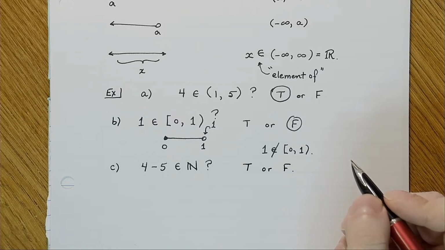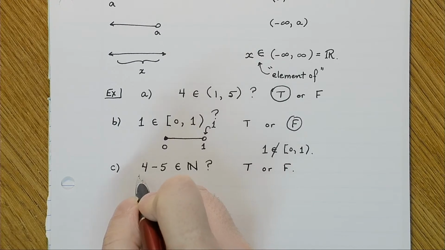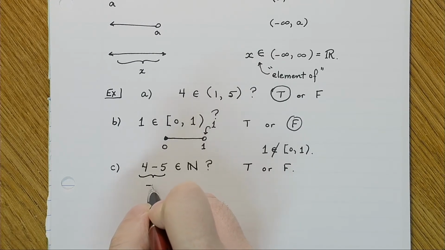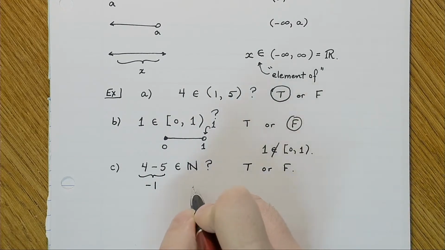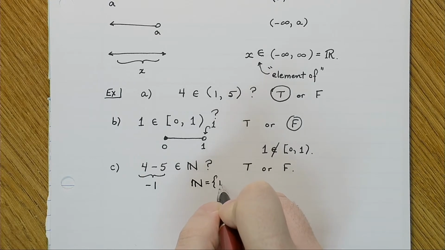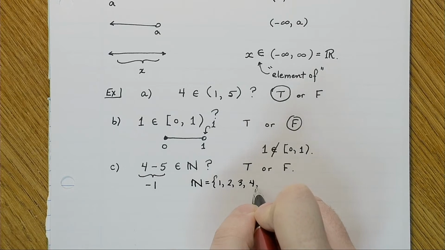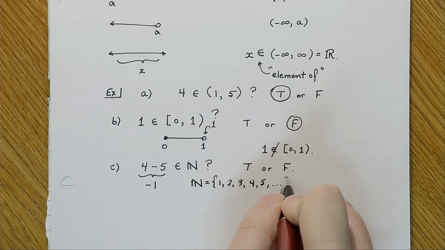Good, it's not. The reason for that is 4 minus 5 is minus 1. And the natural numbers, if we remember from our first lecture, are 1, 2, 3, 4, 5, and so on.